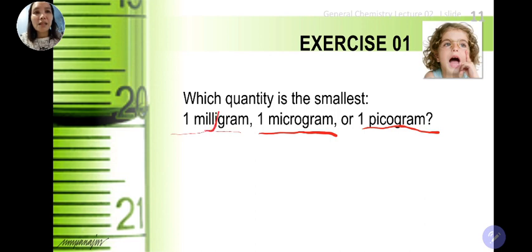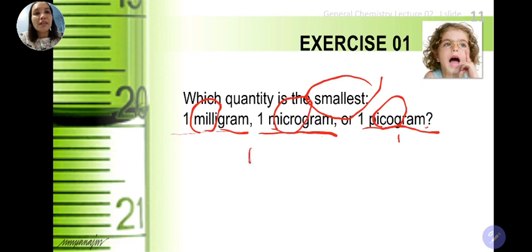So, this one is milli, micro, and pico. Okay? So, yung base unit natin is gram. So, pare-pareho siyang unit of measurement for mass or weight. So, ano ba yung smallest dyan?